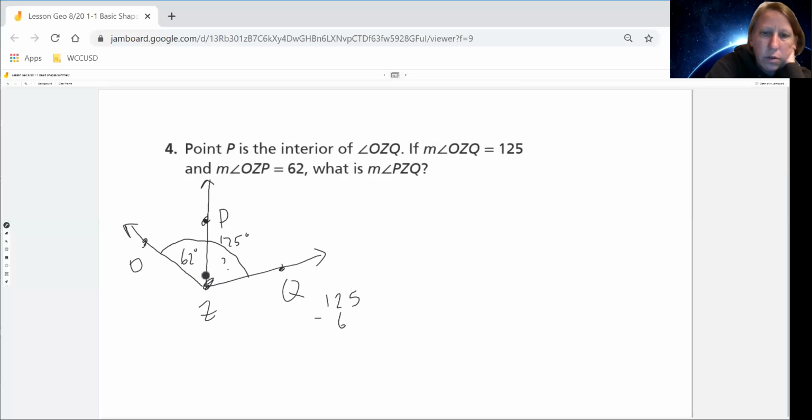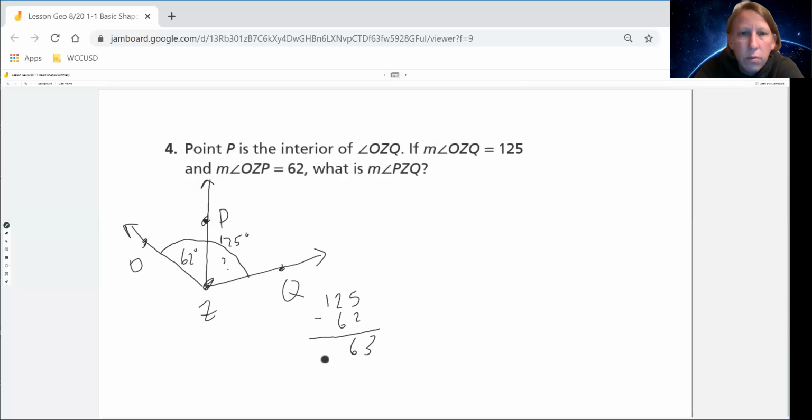You can do 125 as the total, and 62 is already taken, and we're trying to find this leftover bit right here. So that's going to be 63. Now, this would be the way to get the answer fast, but it's not really showing your geometry knowledge.